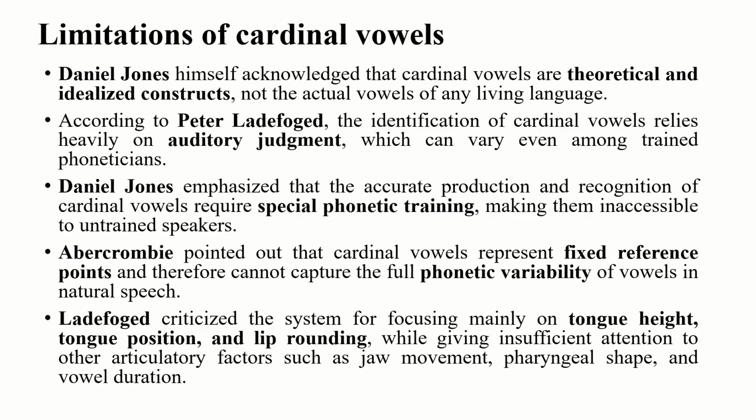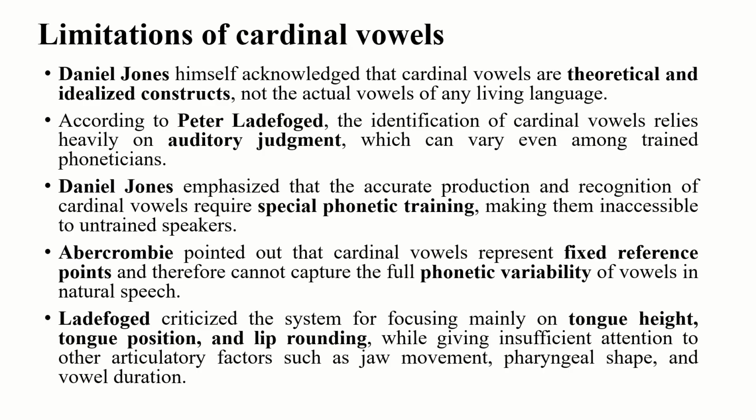Daniel Jones emphasized that accurate production and recognition of cardinal vowels require very special phonetic training, making them inaccessible to untrained speakers. It is very difficult for untrained speakers, and special phonetic training is necessary to produce them. And Abercrombie pointed out that cardinal vowels represent fixed reference points and therefore cannot capture the full phonetic variability of vowels in natural speech.